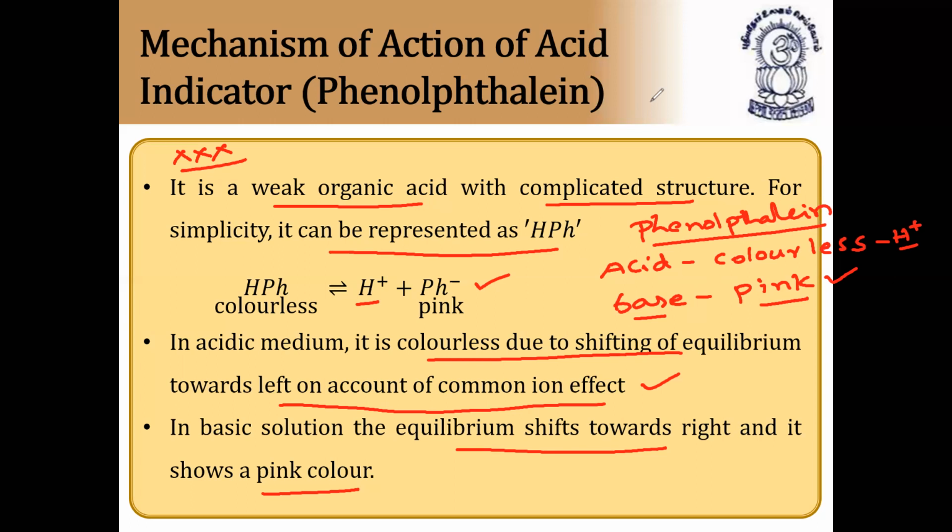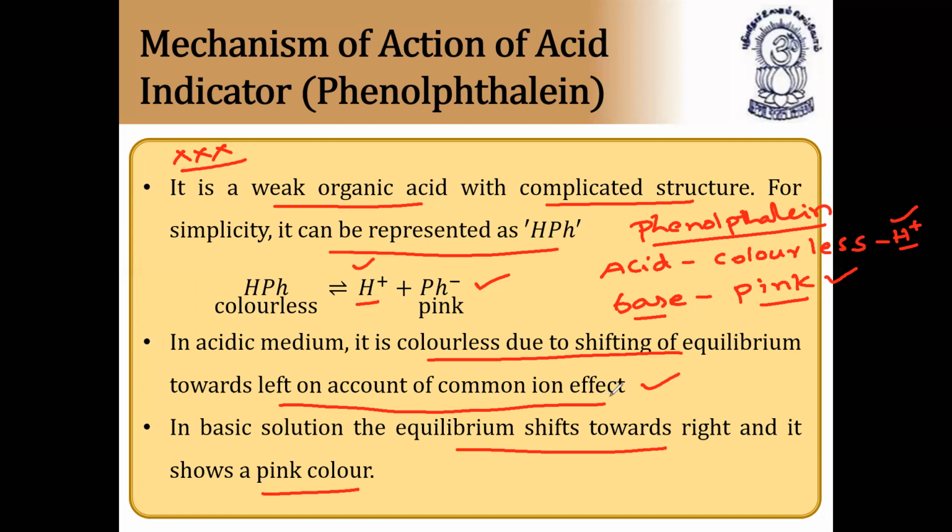So when you want to test a given solution, acidic or basic, you have to use phenolphthalein. If the color after adding phenolphthalein changes to pink color, the given solution is basic. If the solution is colorless, the given solution is acid. And why is it colorless in acid? Because the equilibrium will shift towards left hand side, because acid also gives H plus ions and phenolphthalein also gives H plus ions, due to common ion effect.